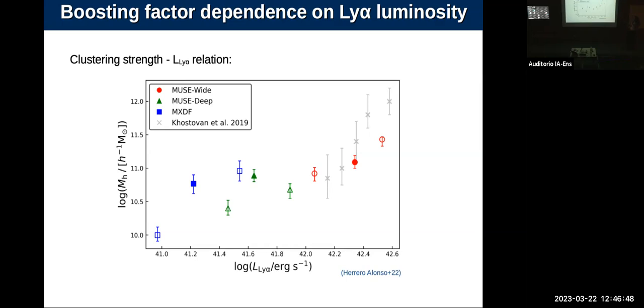There is some kind of increasing towards higher masses. But that is why we made subsamples in order to investigate this further. So in order to have really faint and really bright, and see, if you compare the faintest subsample with the brightest subsample, you see a huge difference. But when you do not make any subsample, it's just a tendency, let's say.